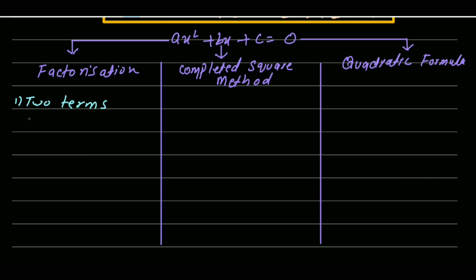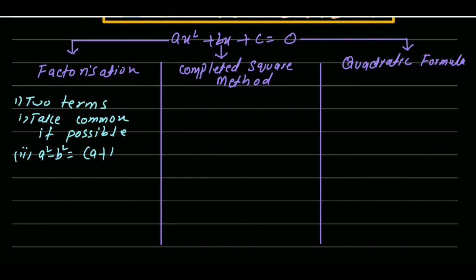So first is, take common if possible. And second is, we have to use the formula a square minus b square, that is a plus b into a minus b. And how to solve three terms factorization questions?